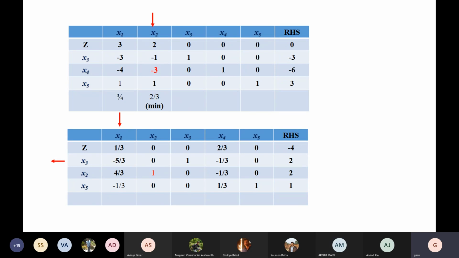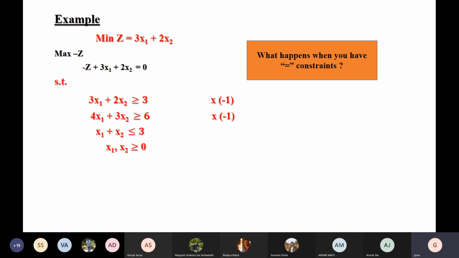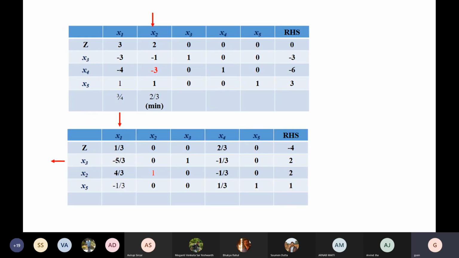But just check whether these signs are correct or not. I got the same table only actually. You got the same table. Yes, sir.